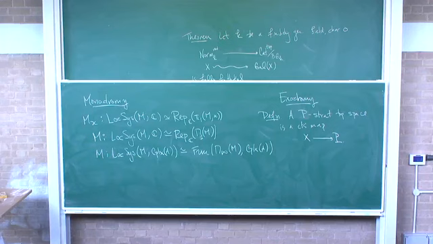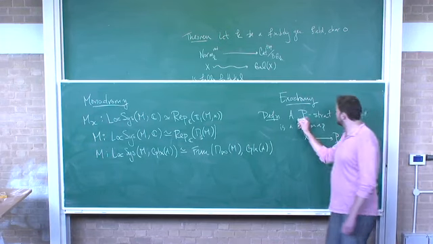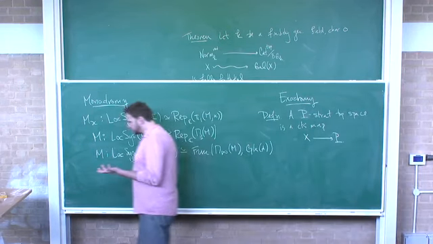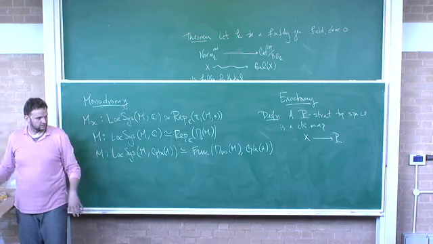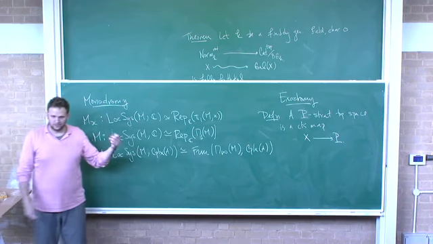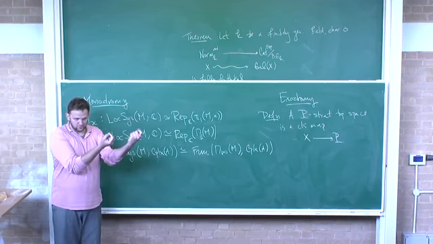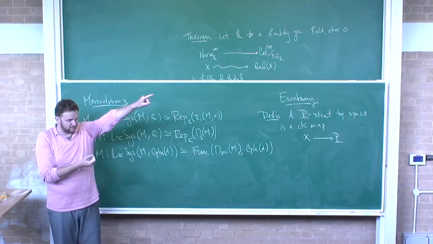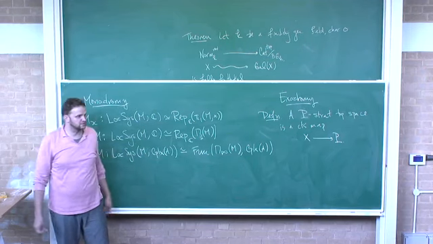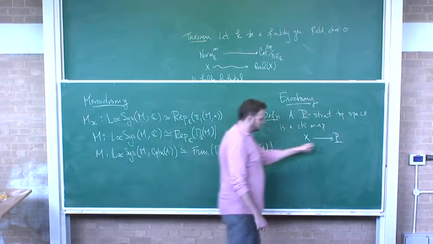P is a poset, any poset you like. And the Alexandrov topology is the one in which the open sets are the cosieves. They're the things where if you have two elements X and Y, and X is less than or equal to Y, and X is in your open set, then Y has to be in your open set as well. That's the topology I'm going to put on here.